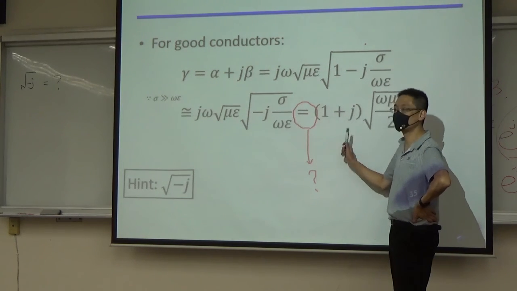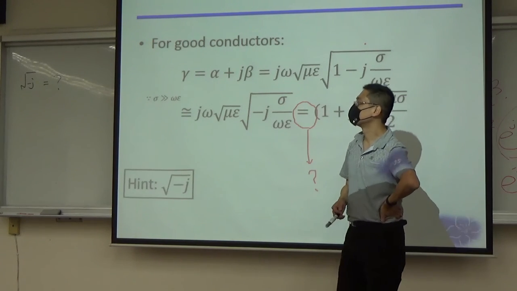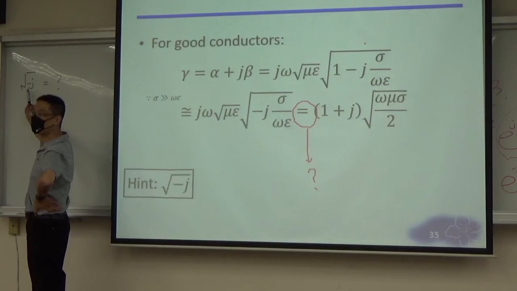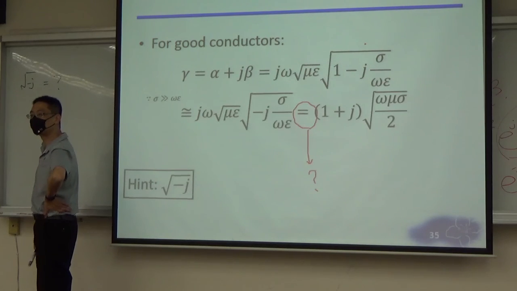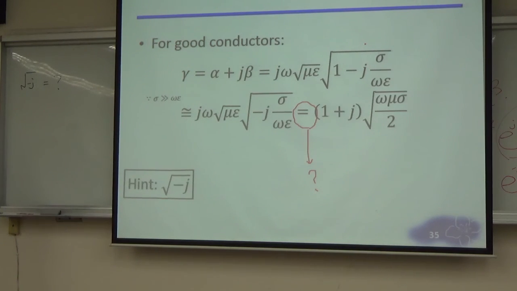Why does it become two parts? There are answers on the website. People talk about what this is. How to calculate this one? Prove it. Prove this part.